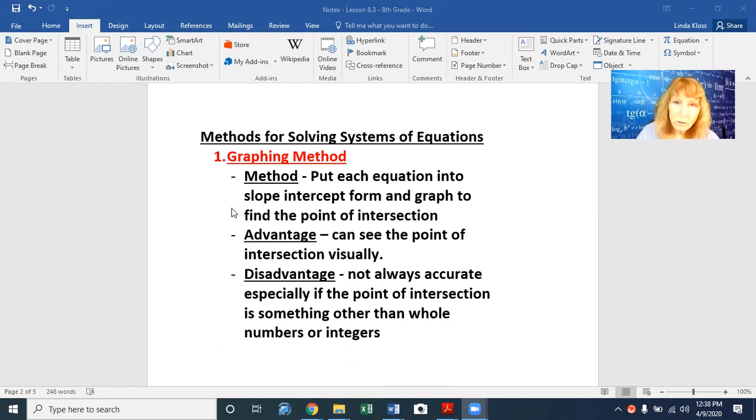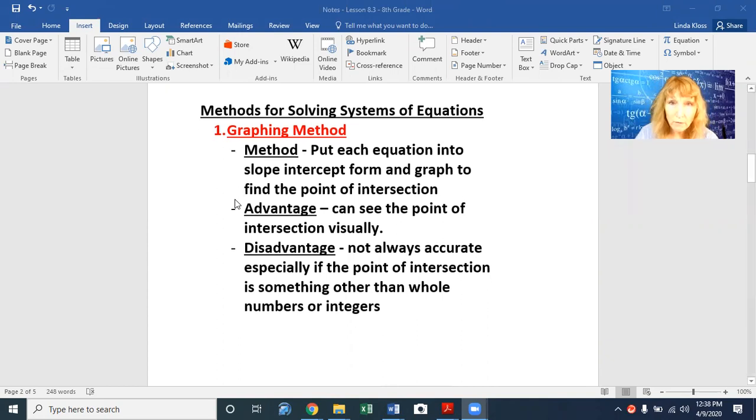I wanted to just review that for a minute so we can figure out the different methods we have. The graphing method is to put the equations into slope-intercept form, graph them on a coordinate plane, and find the point of intersection. The advantage is that you can visually see that point of intersection.